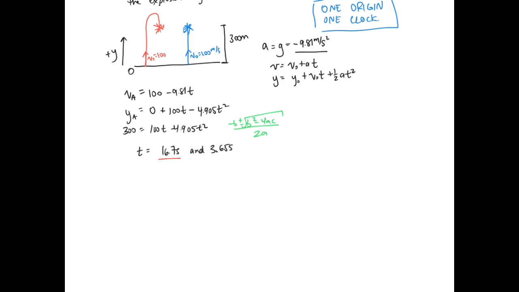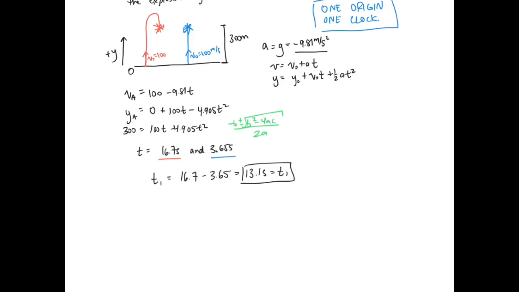But the second firework has the same type of motion, the same initial velocity and the same acceleration. So the time when the second firework explodes is going to be this first time value. So if we want to find the time lag when the second firework was launched, t1 is going to be equal to 16.7 minus 3.65, which is 13.1 seconds, which is that time lag.